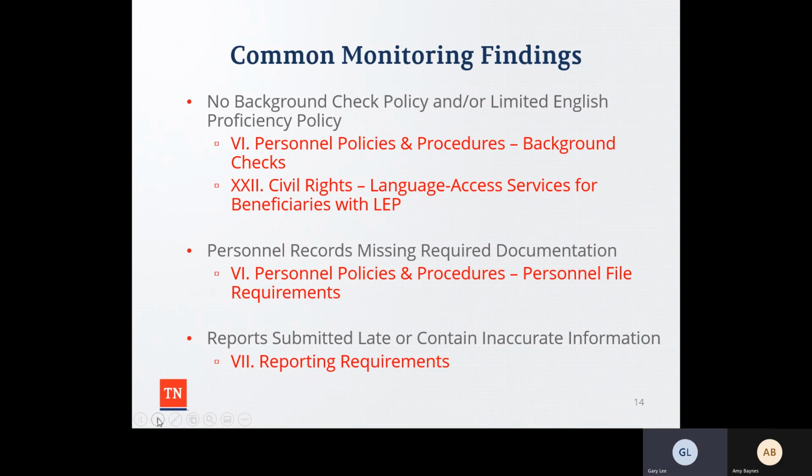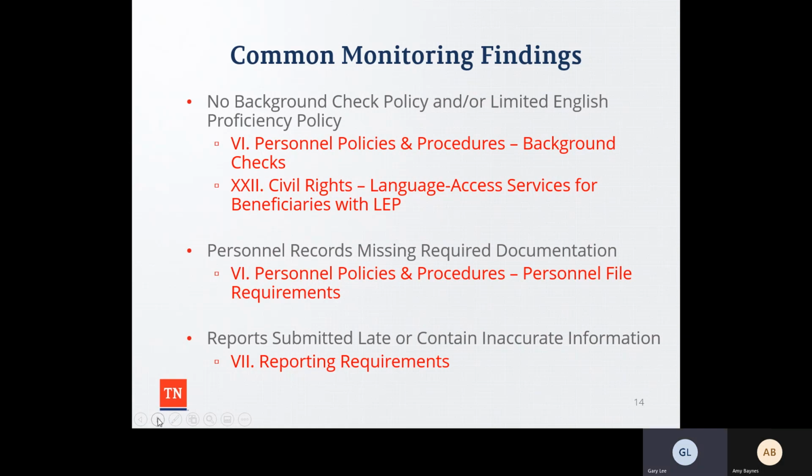The next one is personnel records missing required documentation. Again, this is found in Section 6 of the OCJP Grants Manual, and one example includes the employees do not have a copy of a completed background check or a completed I-9 form in their personnel file.